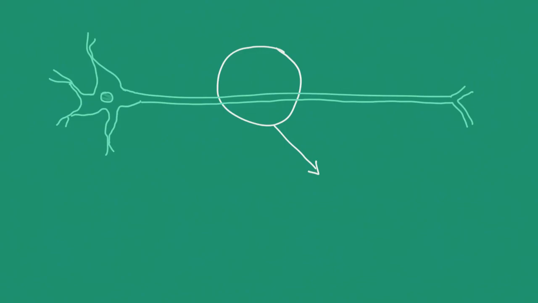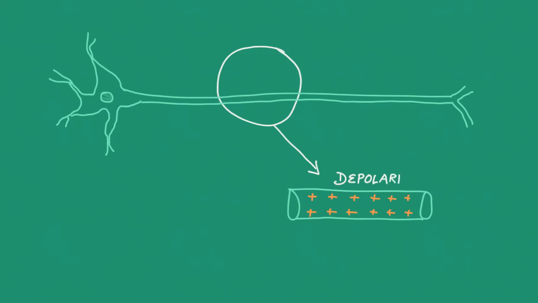Here is a section of the axon showing that it has plus signs on the inside and it is fully depolarized. The membrane voltage is now plus 20 millivolts. At this point, voltage-gated potassium channels open because they are sensitive to the change in voltage. Once the potassium channels open, remember that there is more potassium on the inside, so potassium rushes out.